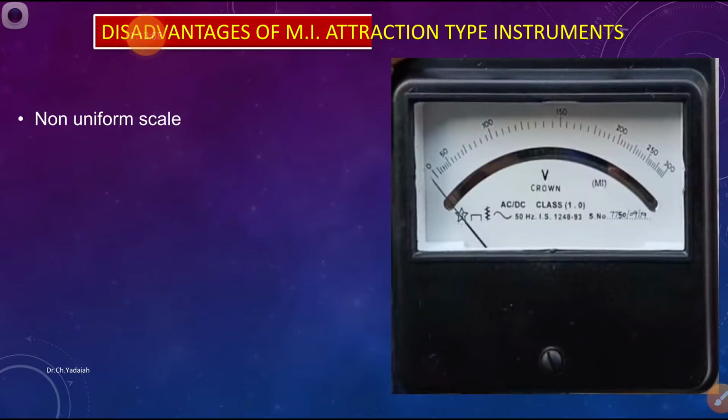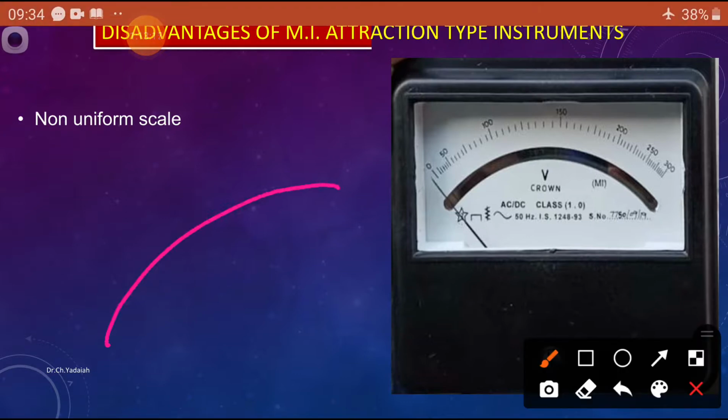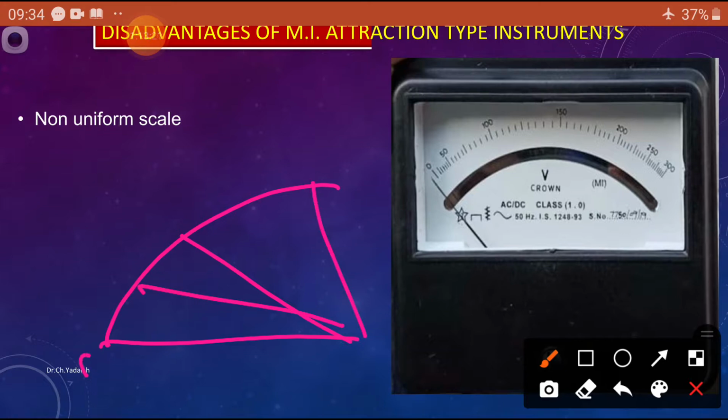Now what are the disadvantages? The scale is not uniform. Initially the scale is such that here are 0, 1, 2, 3, and there are no readings here.